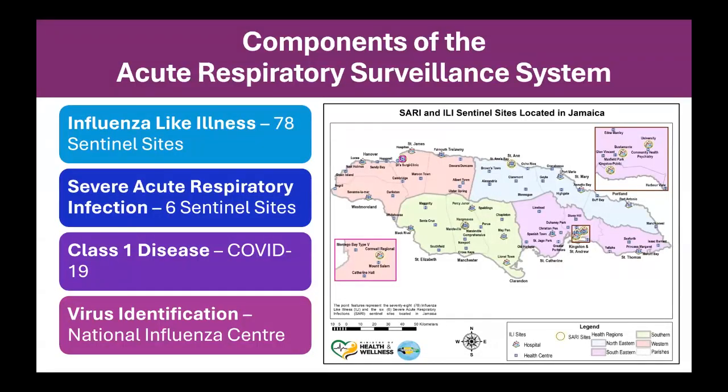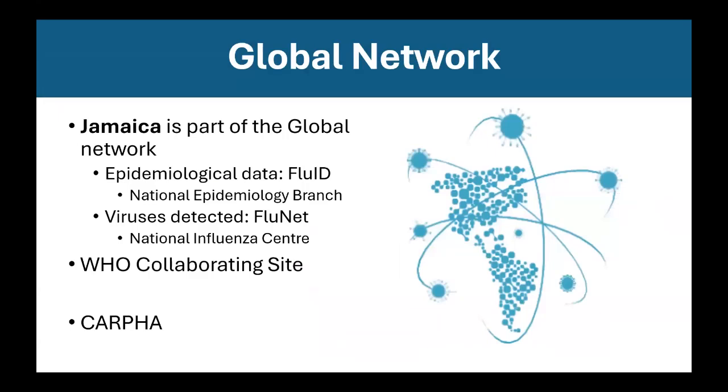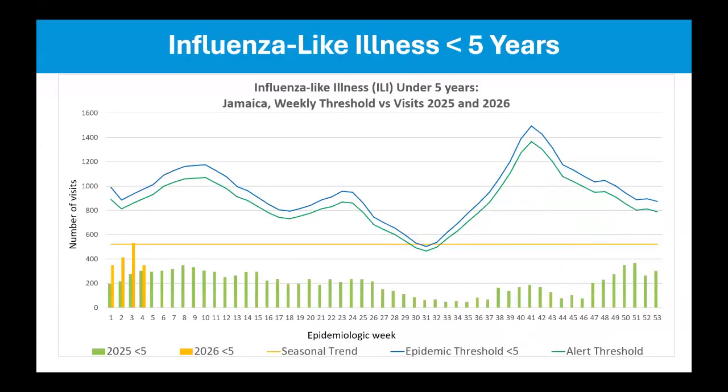But are we? So what we need to look at, we do systematic surveillance for influenza-like illnesses. We have sentinel sites throughout the country. We have SARI sites, and COVID-19 is still a class 1. And then there's viral identification at the National Influenza Center. We are also part of a global network.